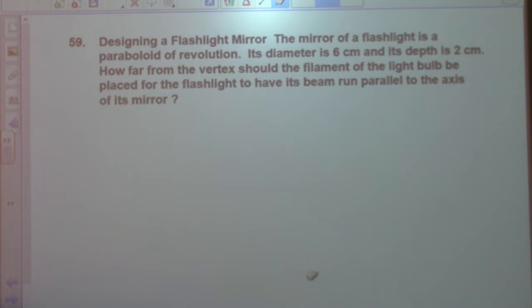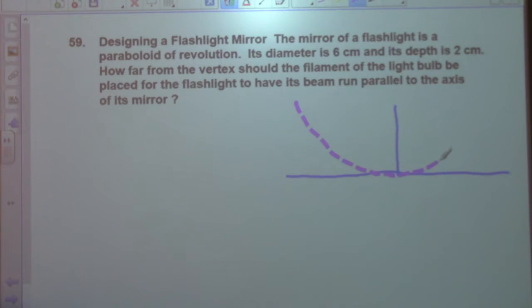As it turns out, that's not what it is. This is one where you have the mirror of a flashlight, a paraboloid of revolution, and I'm going to sketch what that looks like. It's going to look something like this.